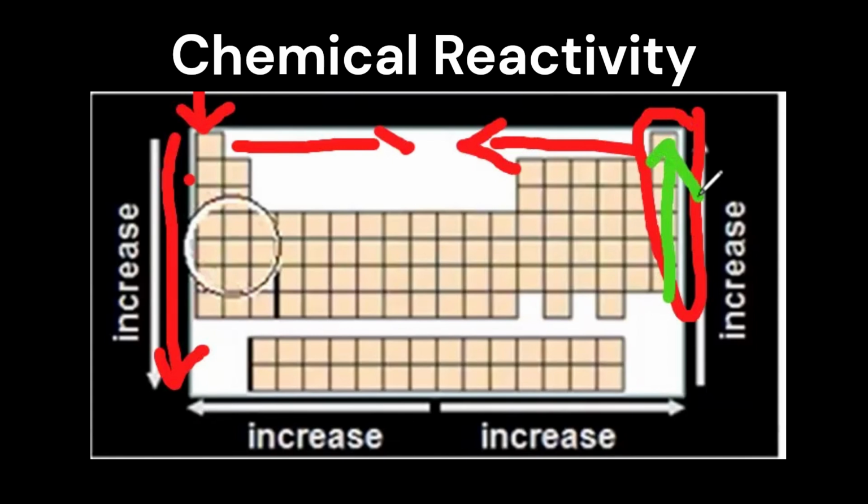So the bottom of the same group of non-metals is the least reactive element, and the top of the same group of non-metals is the most reactive element. Going from the middle to the left and from the middle to the right, reactivity increases too. So in the middle, they are less reactive elements.